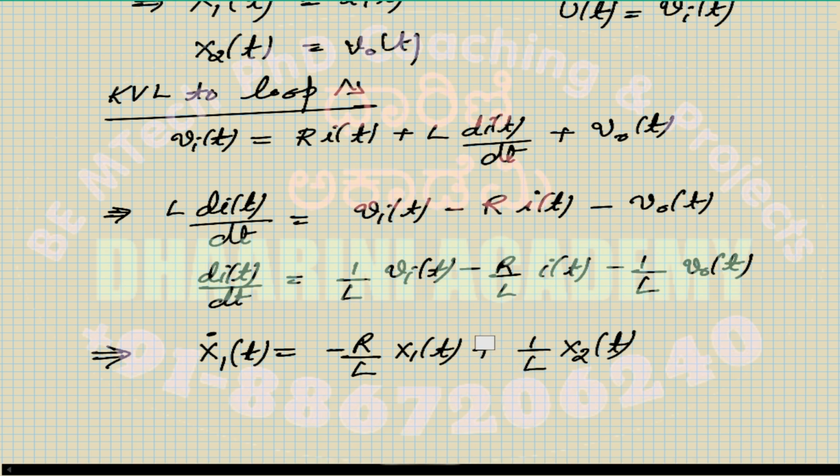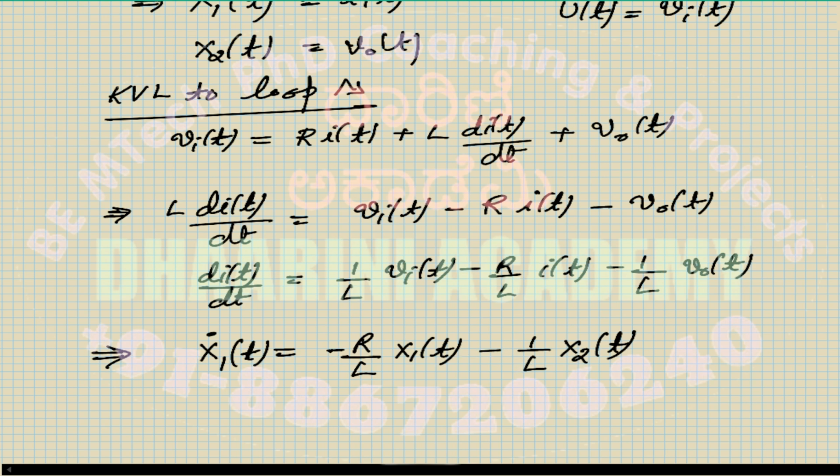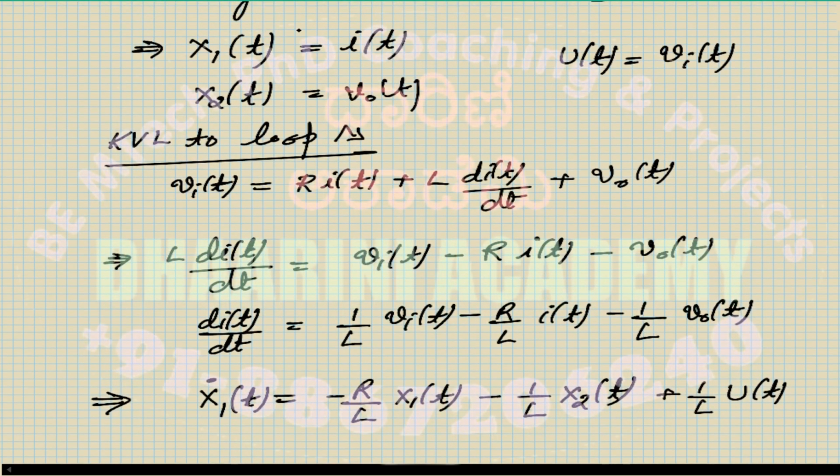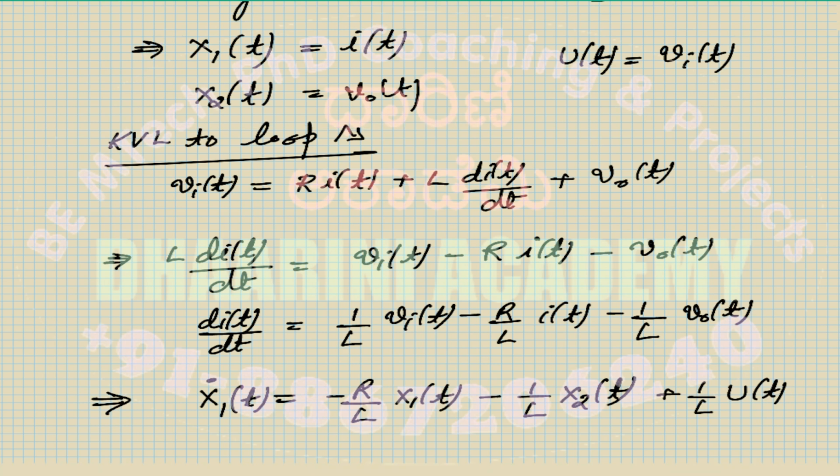So minus R by L x1 minus 1 by L x2 plus 1 by L into the input, which is U of t, because U of t is Vi, as we already defined. We are using these notations and upgrading the equation.